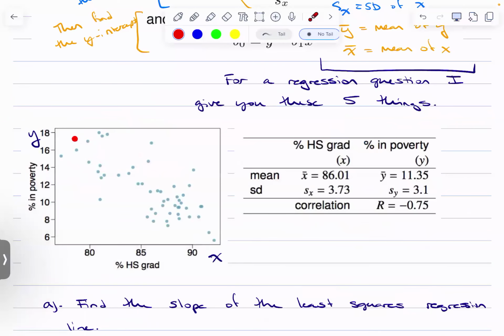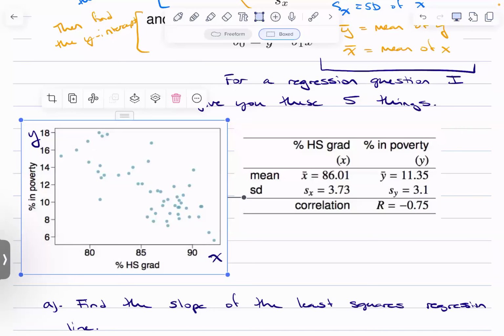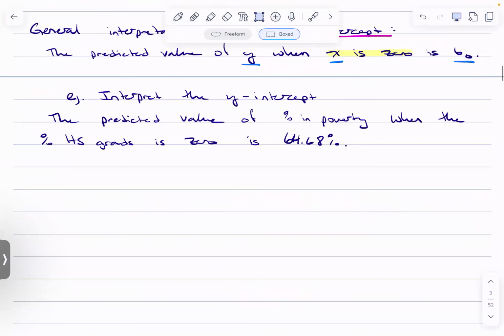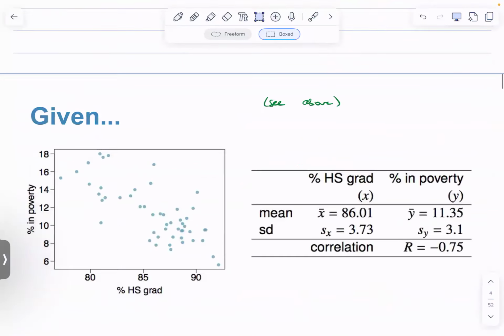Now, remember, this is a negative slope. In fact, maybe I'll snag this here. Copy. Oops, go way down.